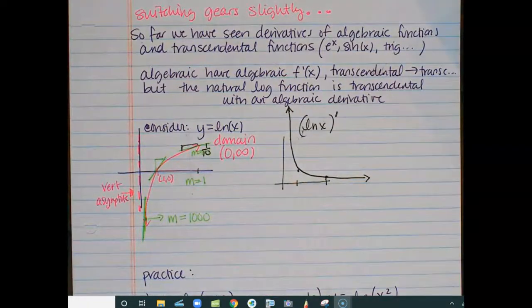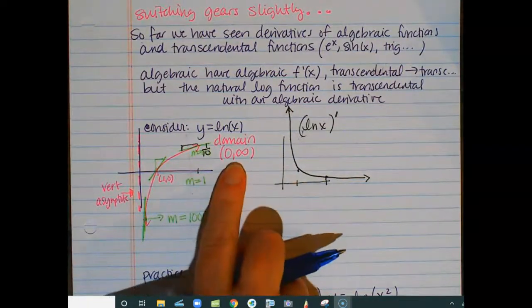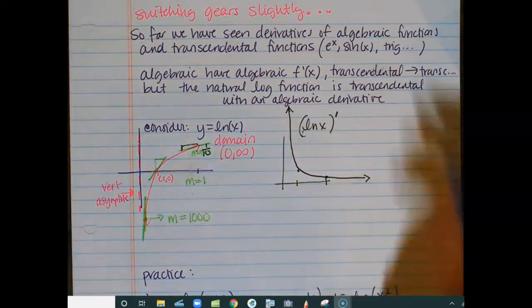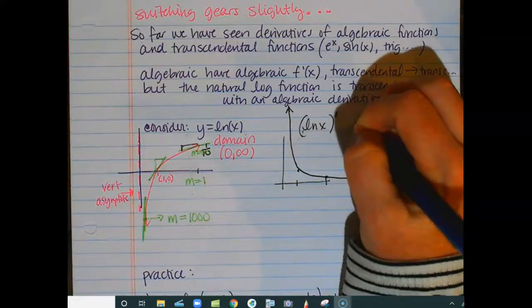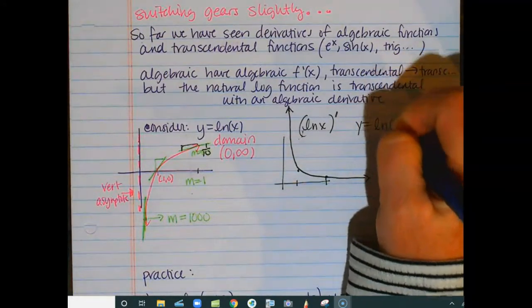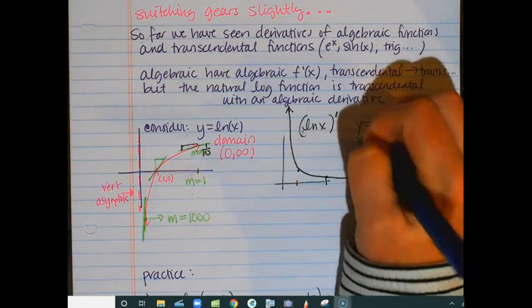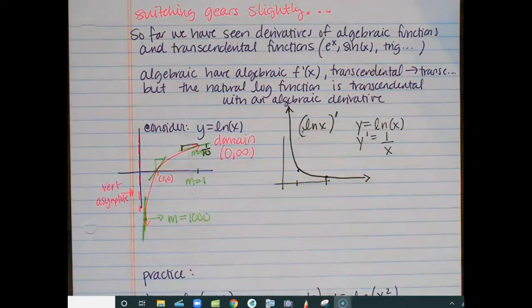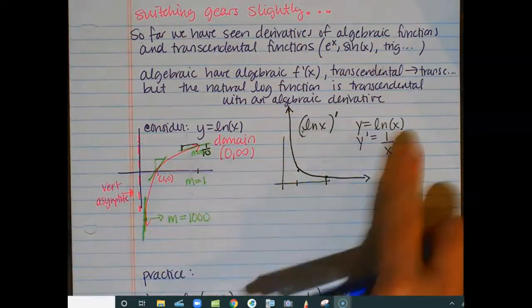Considering that the domain for this is 0 to infinity, there is a function that you know that looks like this if we just consider this domain. And it turns out that if y equals the natural log of x, then y prime actually equals 1 over x. One over whatever the composite part is.